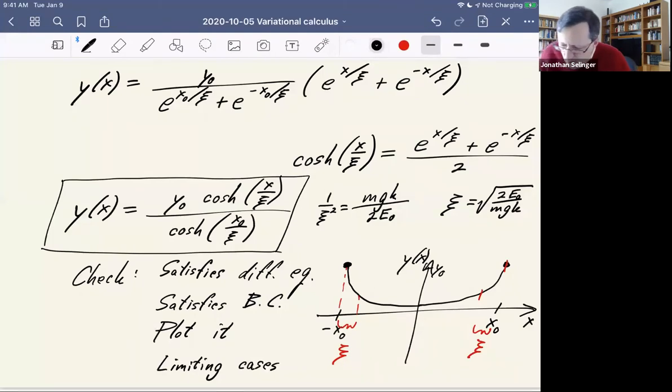So what happens if the sled is really heavy? If m goes to infinity, then psi is very small, because m is in the denominator.